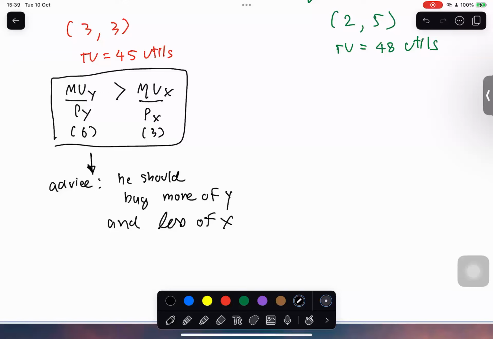Okay, now he's convinced. Buy more Y and less X. Now he buys how many X? 3.